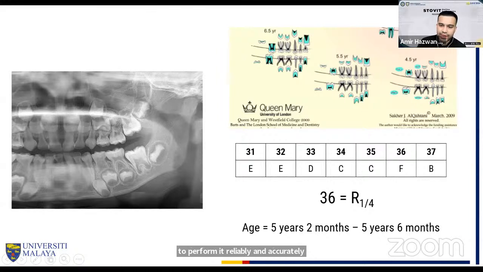For age estimation for a patient, we combine the findings of different methods and come up with a conclusion. As I mentioned just now, it's important to give a range of age, not just one age, because of the variability in individuals.